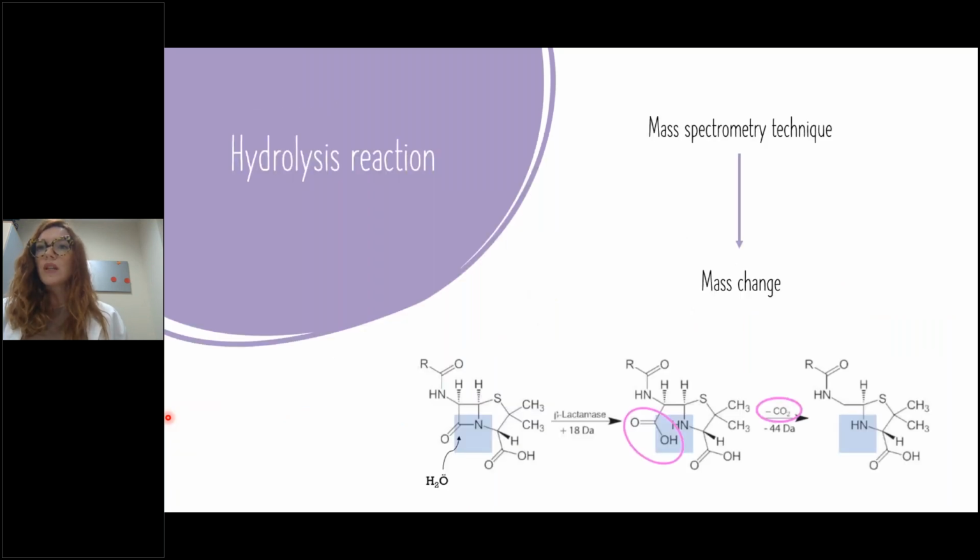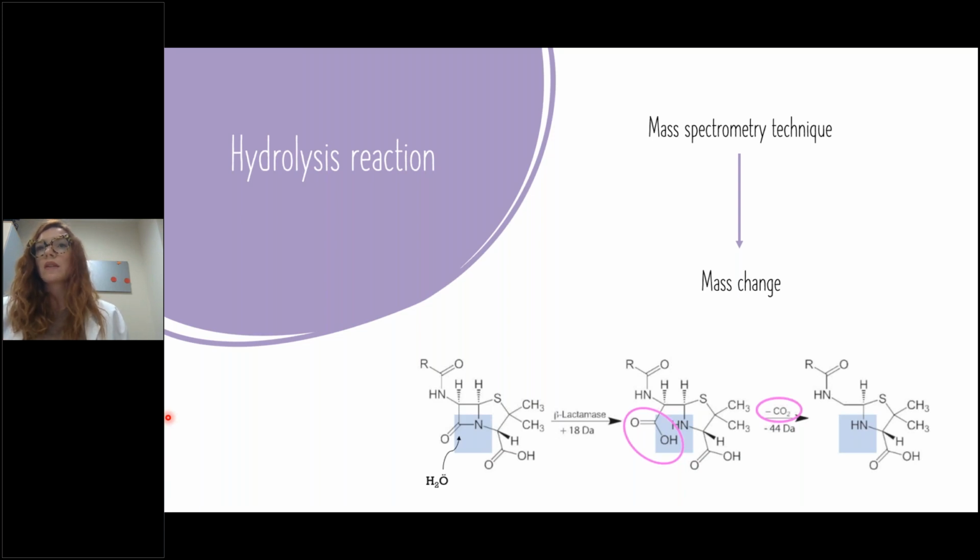As a mass spectrometry technique, you measure a mass change, the mass change in the antibiotic. When the hydrolysis reaction takes place, the antibiotic is modified, and the ring is opened, but not only is the structure modified, there is also a mass change.